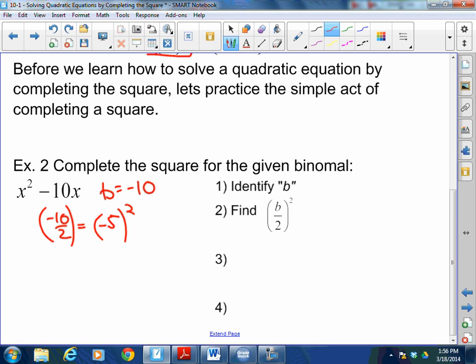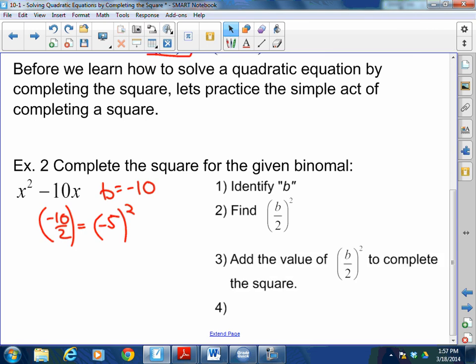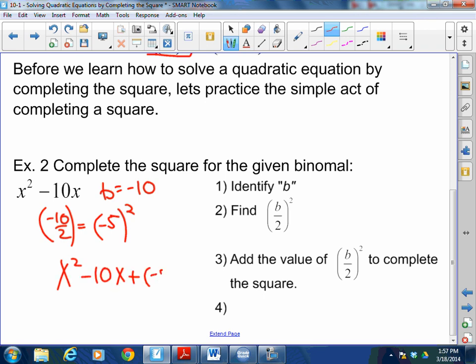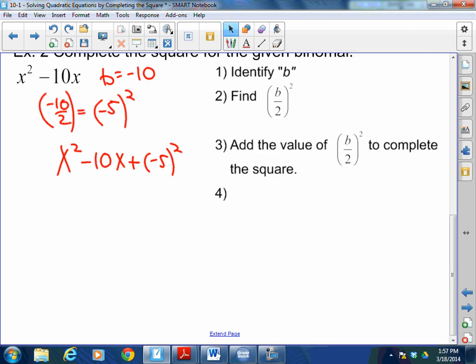Because when you get to fractions, it's going to get really nasty if you don't do it the way I'm telling you. So my b over 2 is negative 5 squared, right? Add the value of b over 2 to complete the square. So I've got x squared minus 10x plus negative 5 squared. You guys with me? And last but not least, rewrite as the square of a binomial.